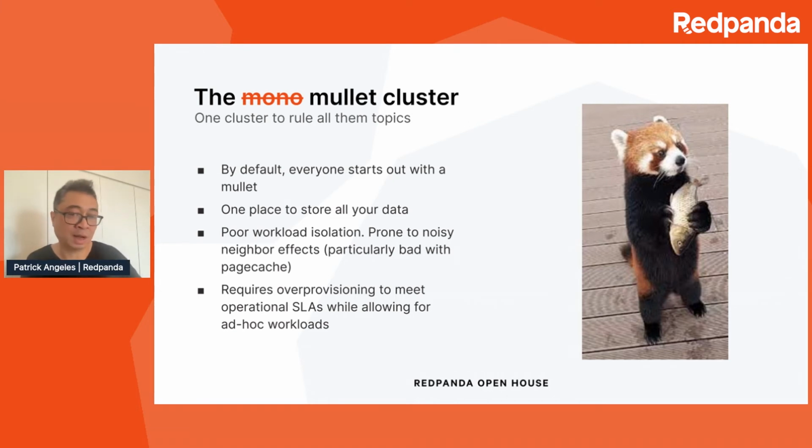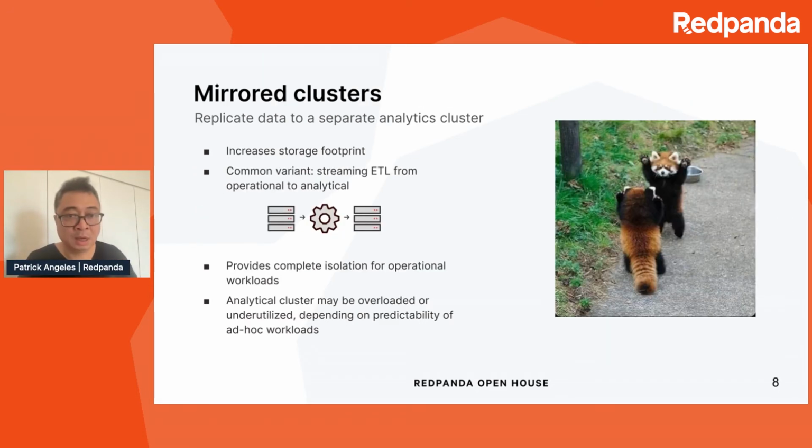So a lot of people compensate by over-provisioning their cluster so they can satisfy their operational SLAs while allowing for ad hoc workloads. But obviously that's not very cost effective, and most of the time you might wind up with a cluster that's really underused.